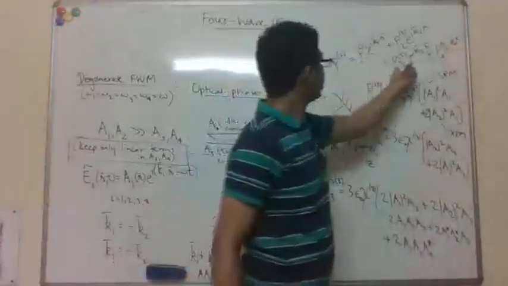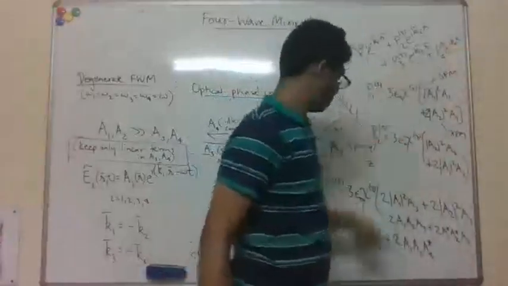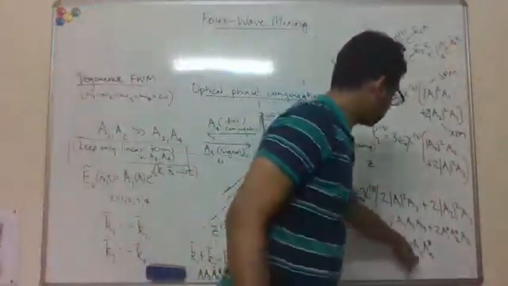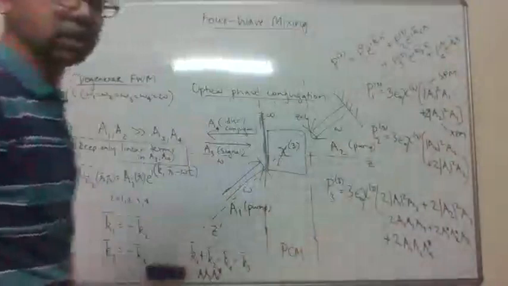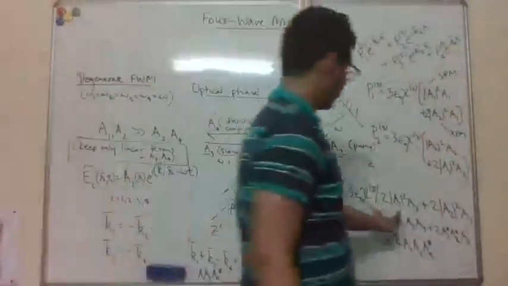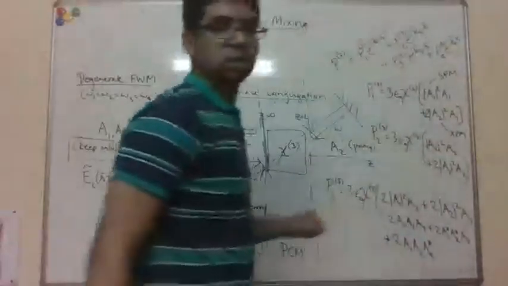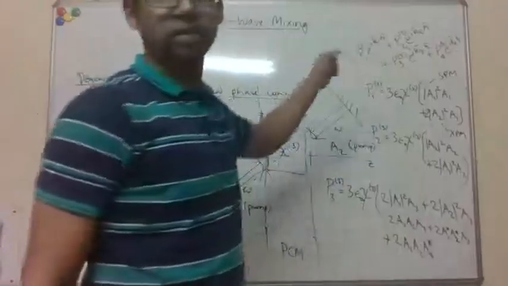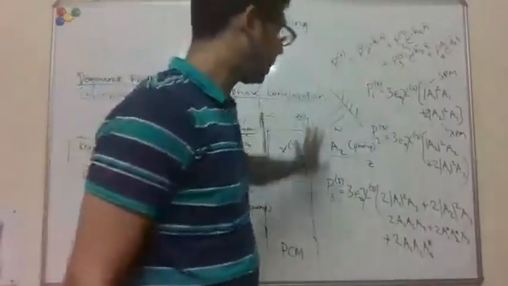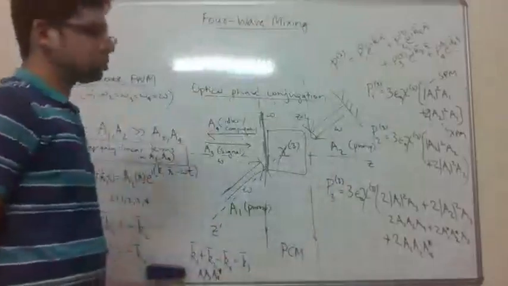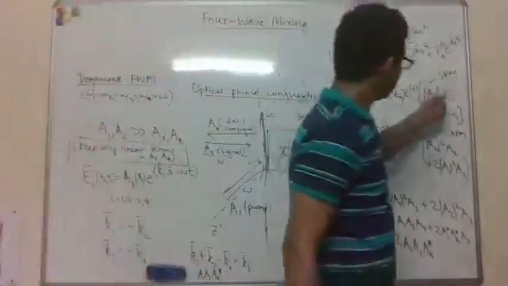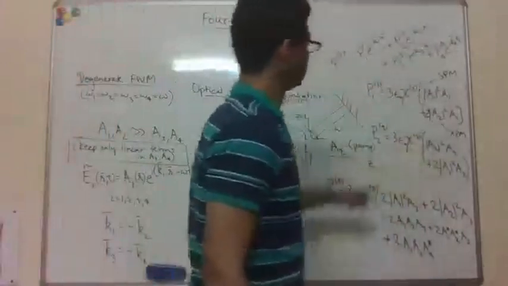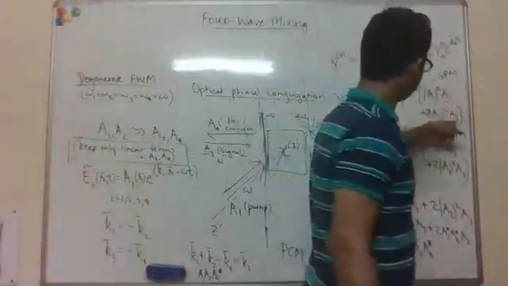P3 are the terms which go as e to the I K3 dot R. So which terms will go as K3 dot R? This term will also go as K3 dot R, right? I'm not looking for something times K3. I would look for that if I wanted to define something like a refractive index, but here I'm looking at the entire interaction. In the 1 and 2 case, because we're neglecting the small terms, we only had terms like this.